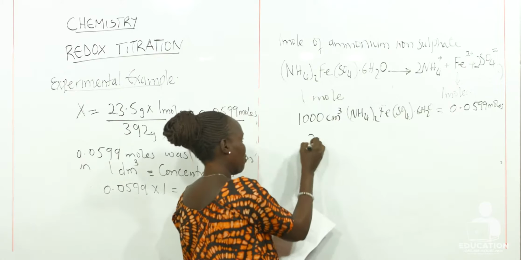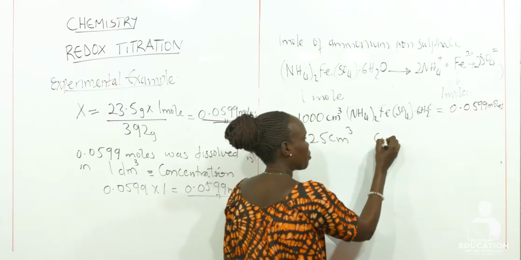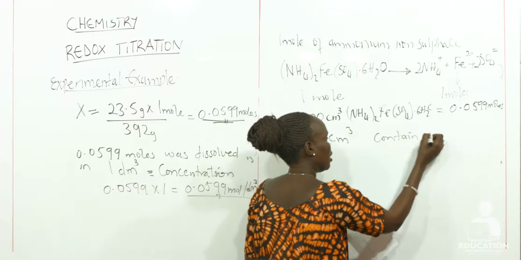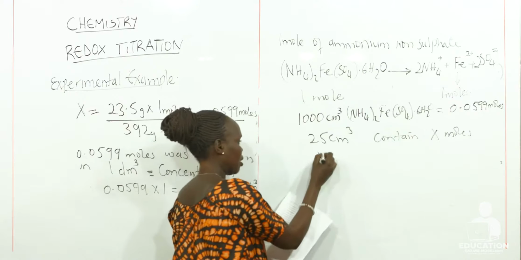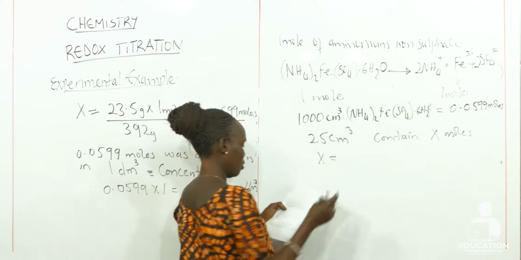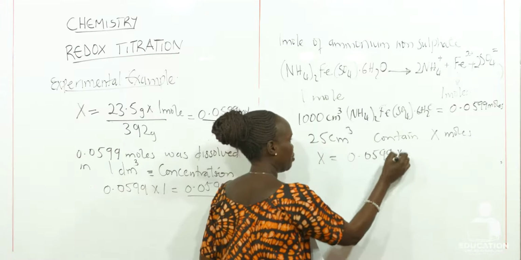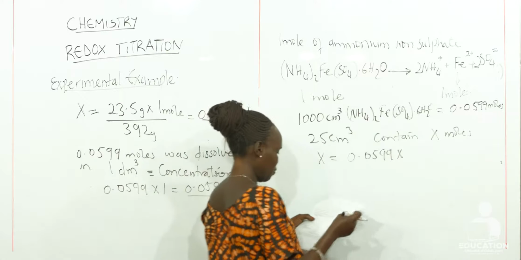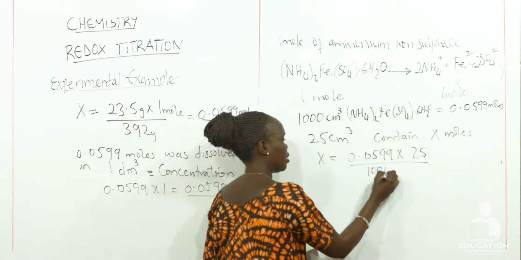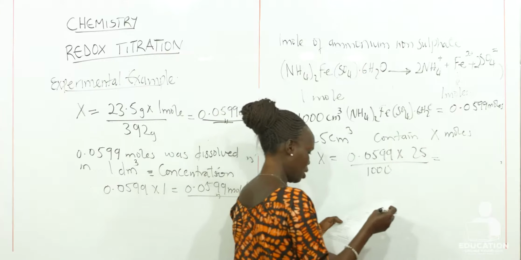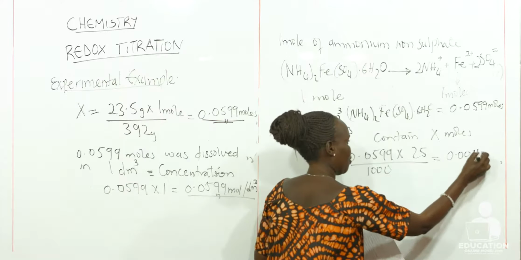So 25 centimeter cube of this same solution will contain X moles. By cross multiplying, we get X equals 0.0599 multiplied by 25 centimeter cube, then we divide by 1000, which is 0.00149.